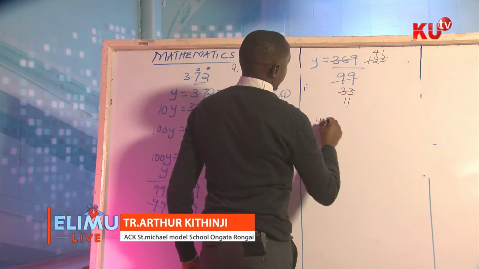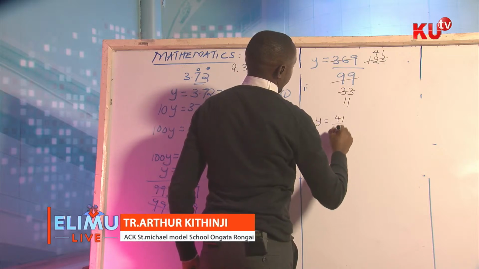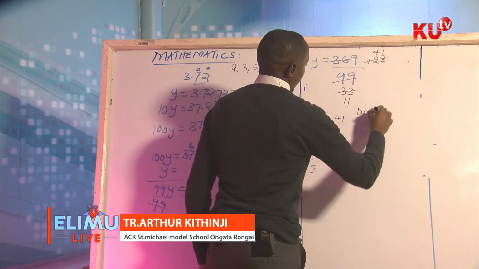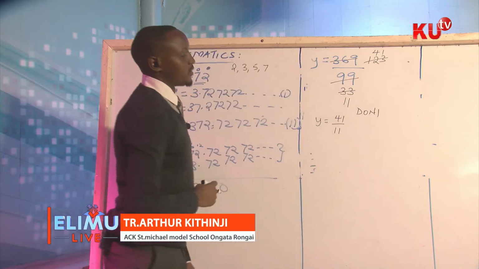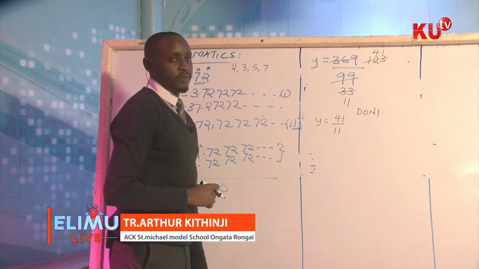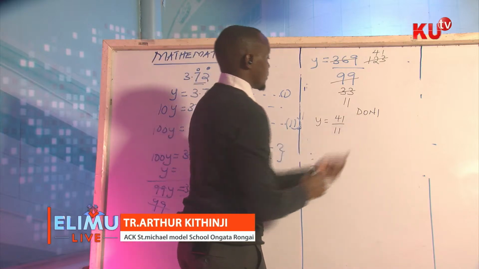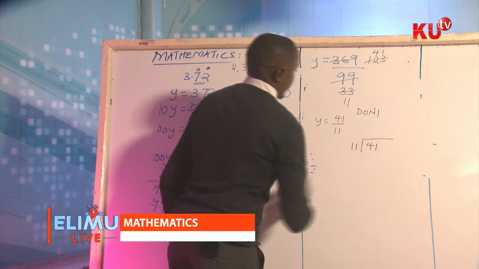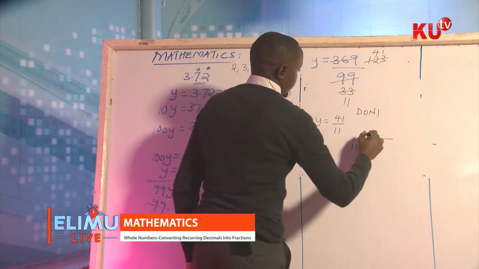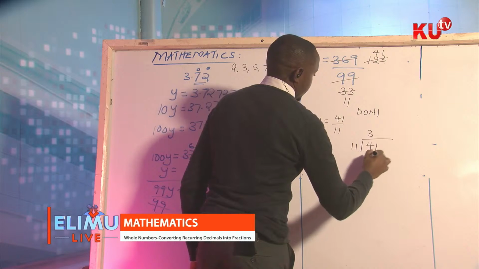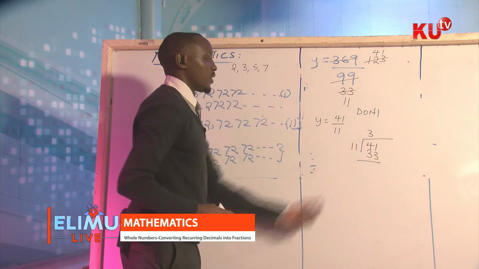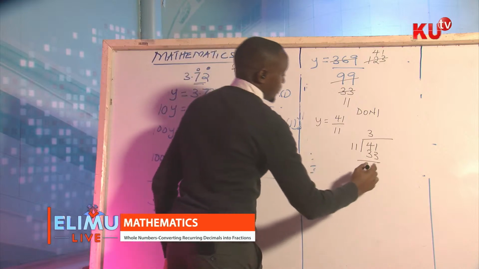So y will be 41 divided by 11. Then use my simple formula of converting this into a mixed fraction. Denominator out, numerator in. Okay, 11 multiplied by 3 is 33, which is the largest multiple of 11 that is closer to 41. 41 minus 33 is 8.